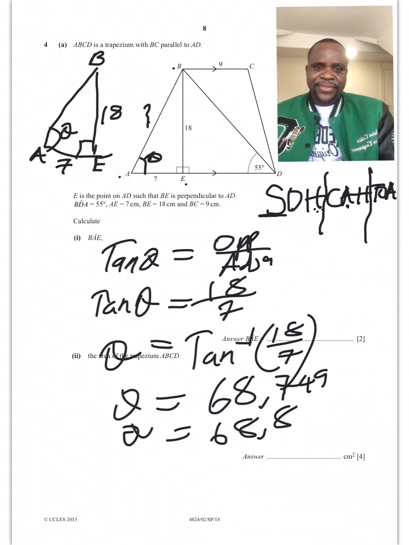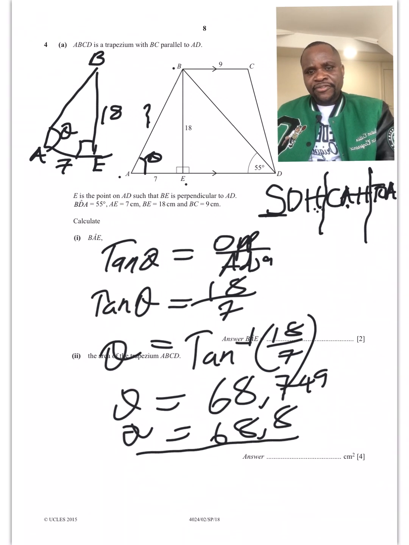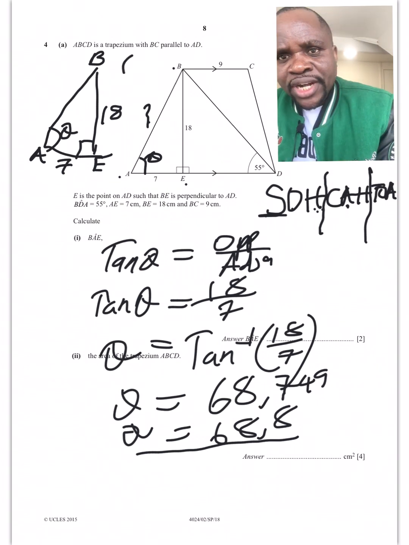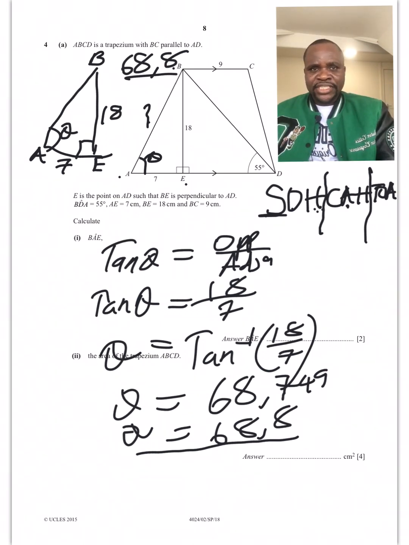That is our theta. So the first question is answered. What is it? It is 68,8. We want it because we might use it in the next question.